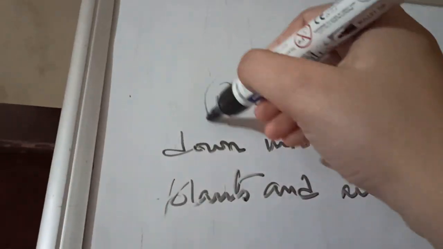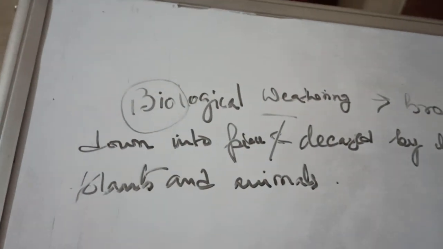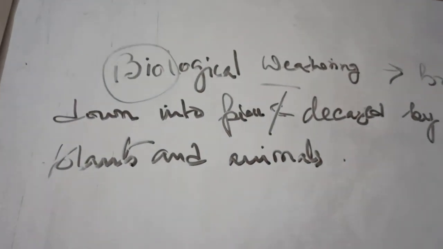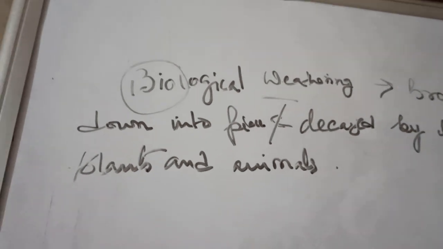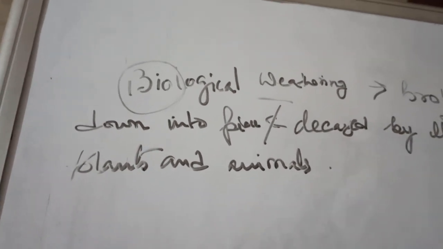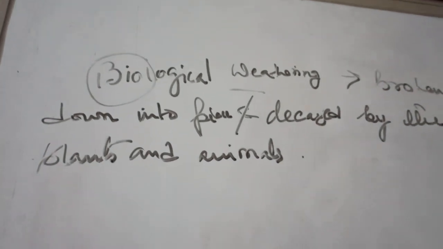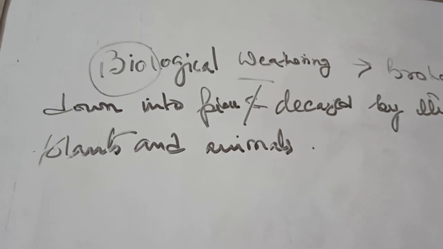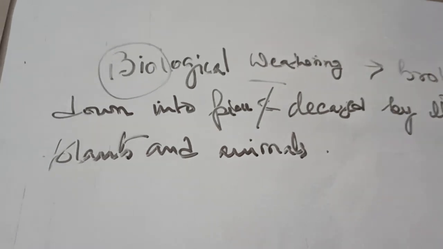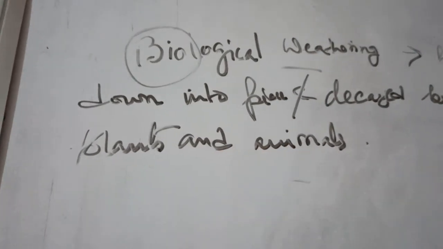Why? From the term bio you can understand that this is related to both plants and animals, which is why it is known as biological weathering. In biological weathering, the predominant role is played by the plants and the animals.